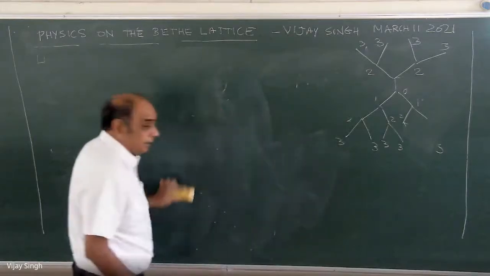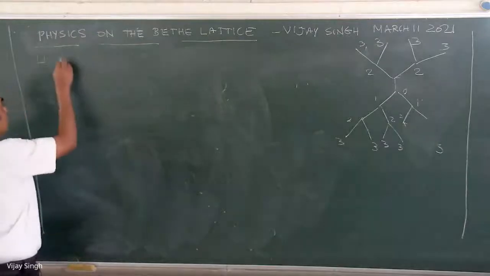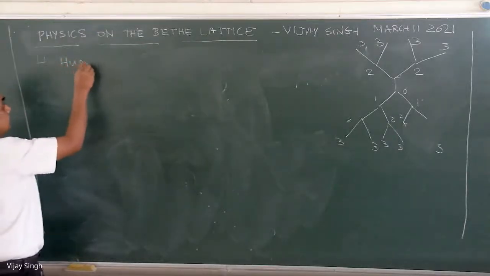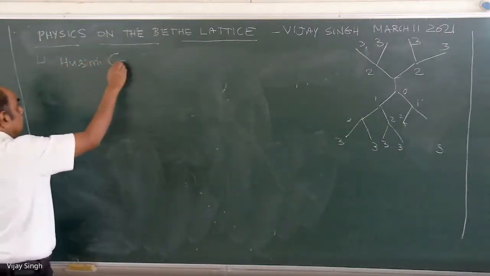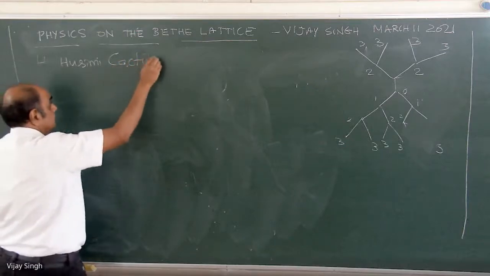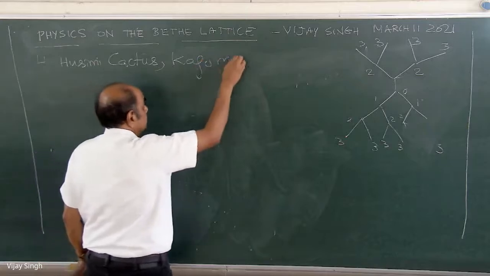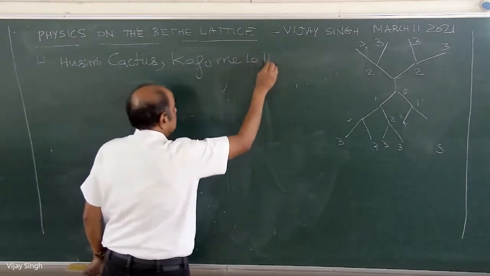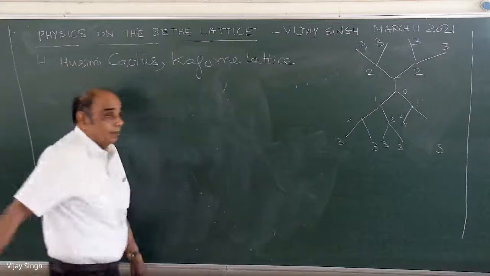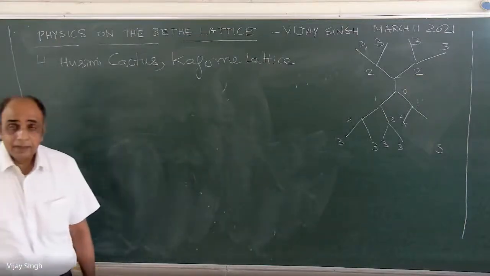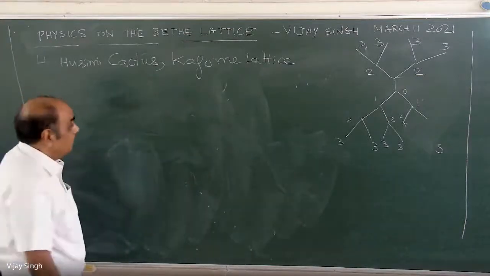So some of these other lattices, called either Husimi cactus or Kagome lattice, for some reason associated with Japanese mathematicians and physicists, might look like this.